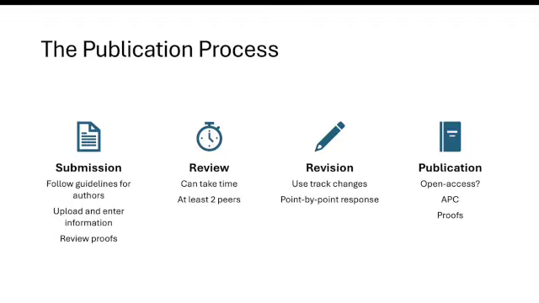You may need to add ethical information or funding information. The amount that you need to enter in the submission portal varies from journal to journal. And once you have uploaded and entered all of the information, you will get to review the proof of the submitted manuscript before you hit the final submit button. Check your proofs.